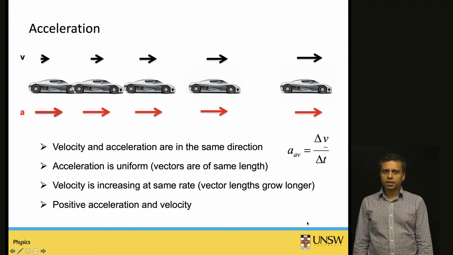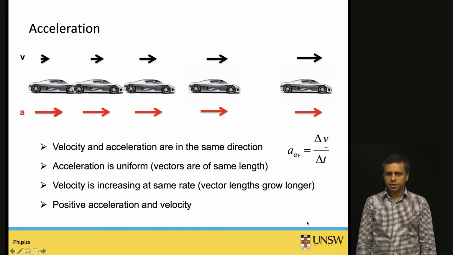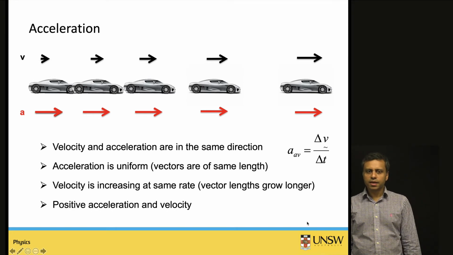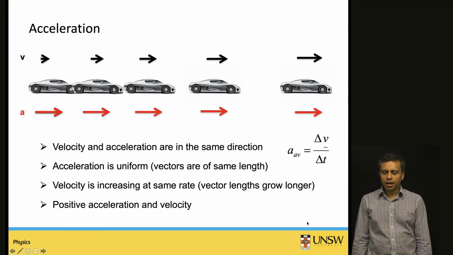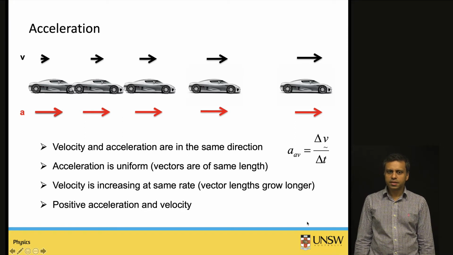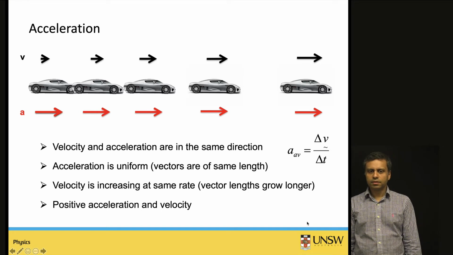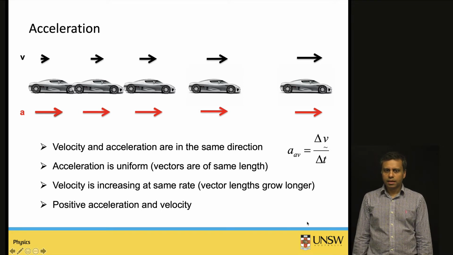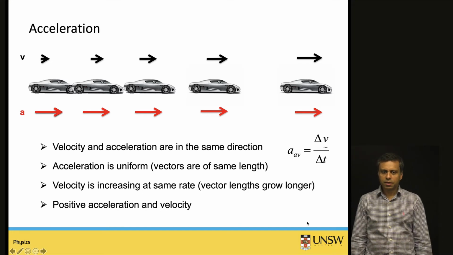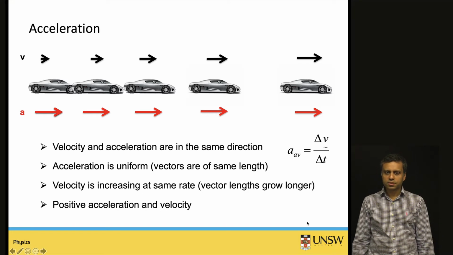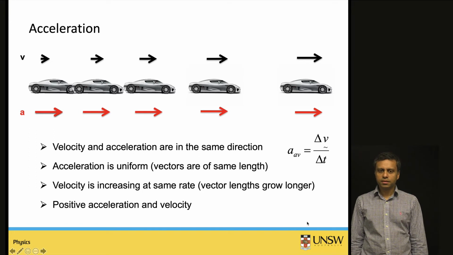Now let us look at a case where there is a positive acceleration. So you again see a car, and its velocity is represented by the black arrows, and you can see the black arrows are increasing in length over time, and the red arrows represent the acceleration. In this case we assume that the acceleration is constant, so the red arrows have constant length over time.